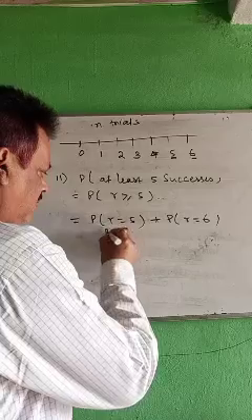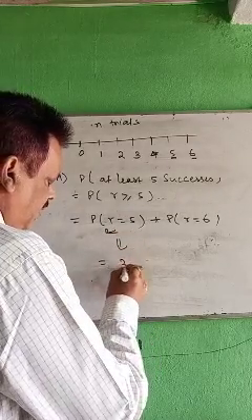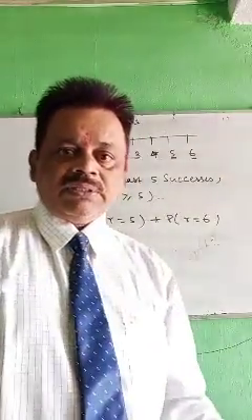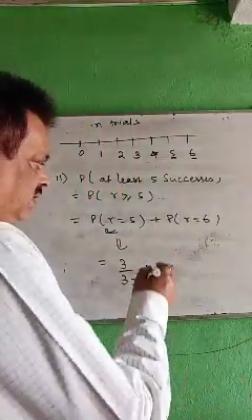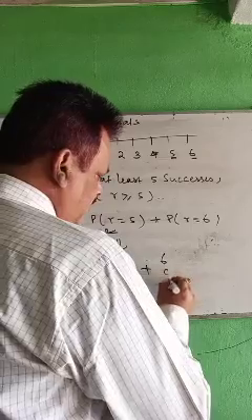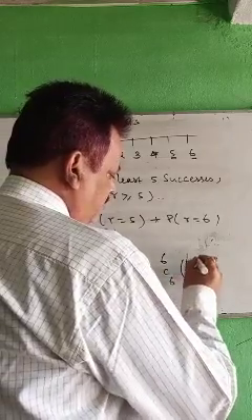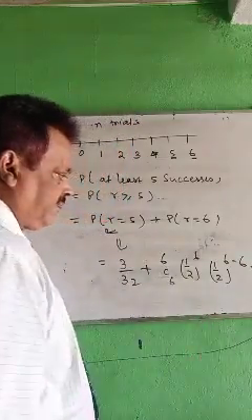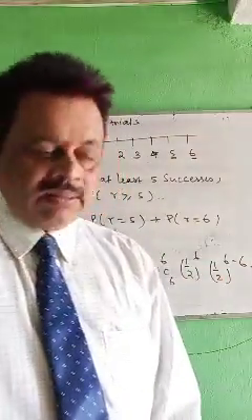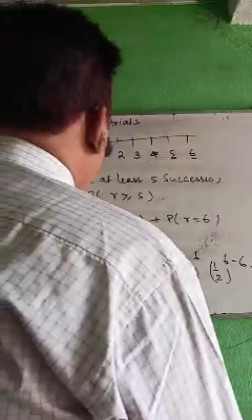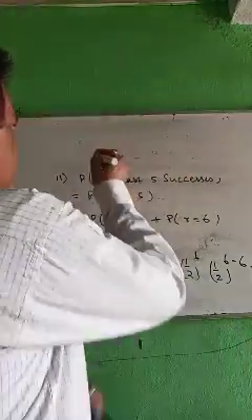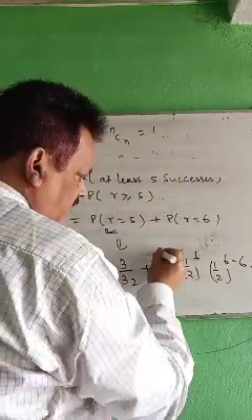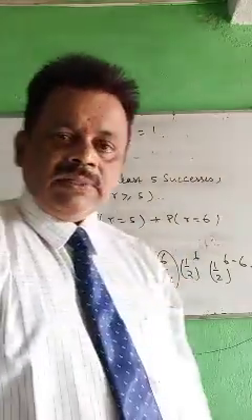This you have already done. How much did you get? 3 by 32. No need to calculate it again, you have just done it. What about this? 6C6 into 1 by 2 to the power 6 into 1 by 2 to the power 6 minus 6. Since NCN equals 1, this will be 1.